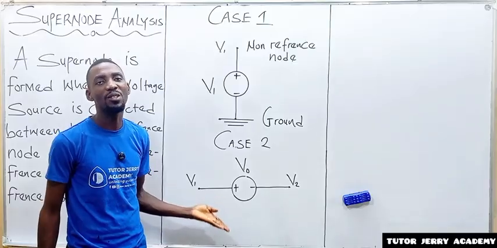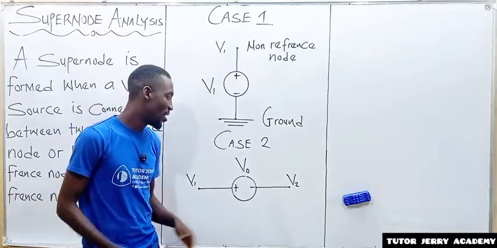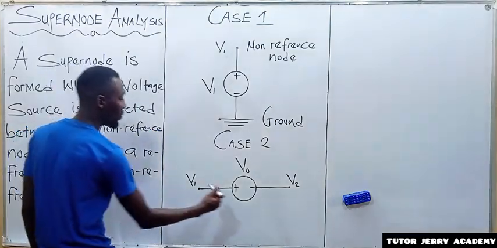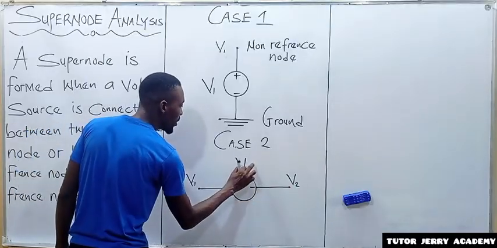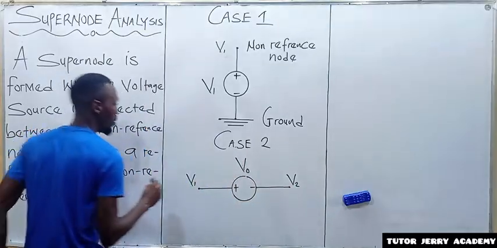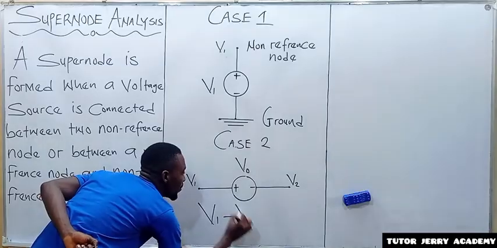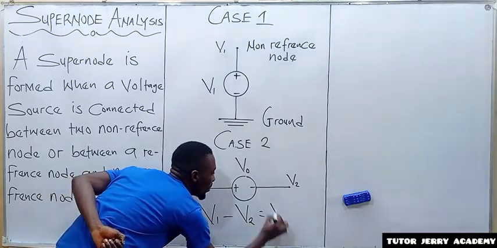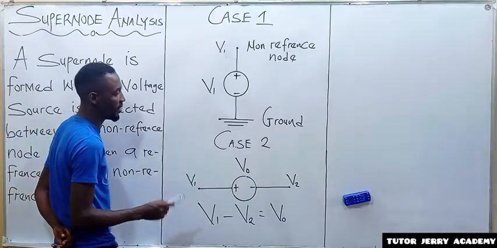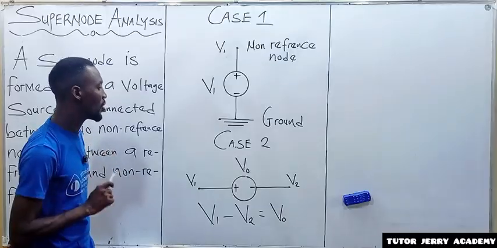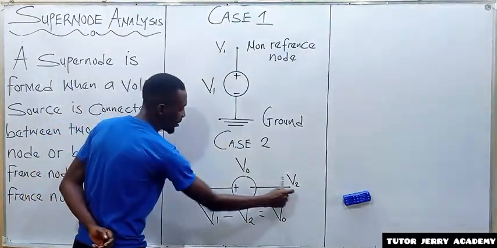Then we need to write the voltage equation. The equation will be the positive side, V1, subtracted from V2... V1 minus V2 equals V0. So this is how to go about it when your voltage source is between two non-reference nodes, and you can see they are not ground. Do you understand?